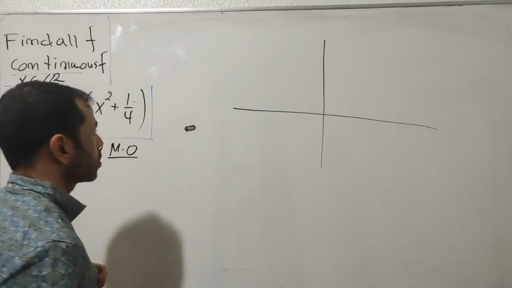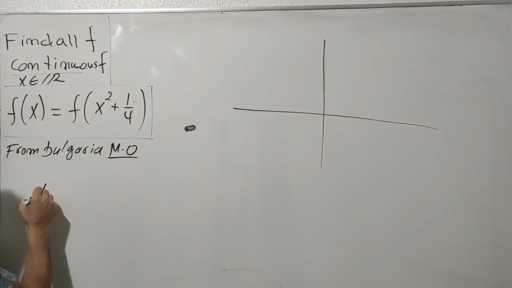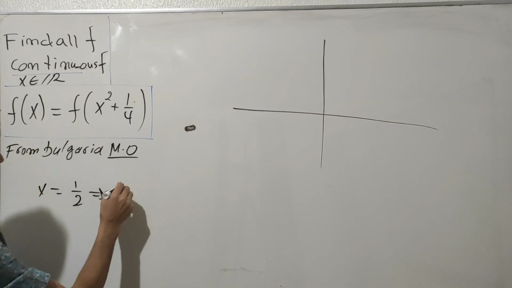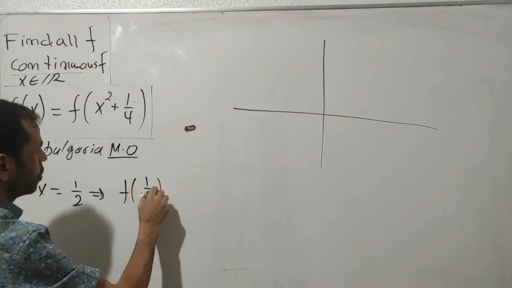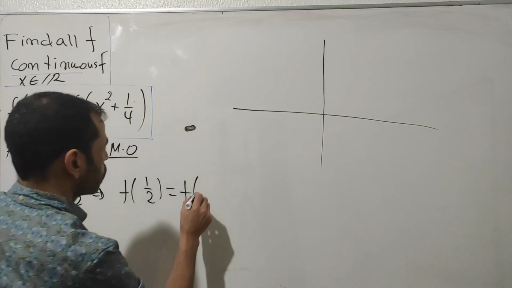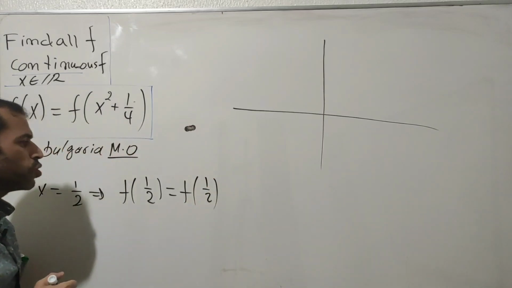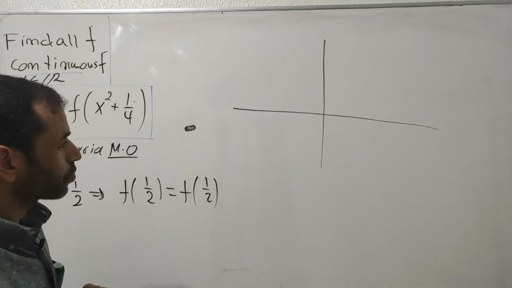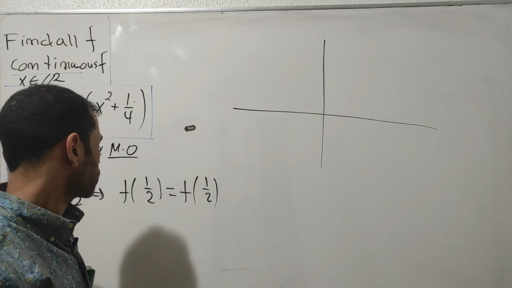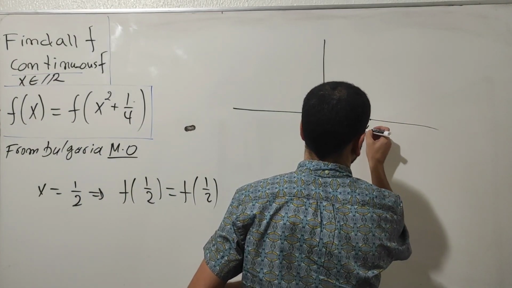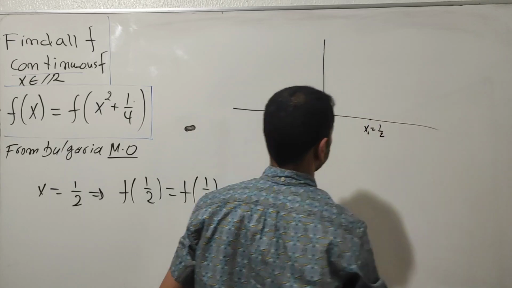So for our example, if you check x equals 1 over 2, then plug x with half here, you get f of half is going to give us 1 over 4 plus 1 over 4, which is half. It seems to have a nice equality between the left and the right side of this equation, which means at the point x equals 1 over 2 there is going to be a symmetry.